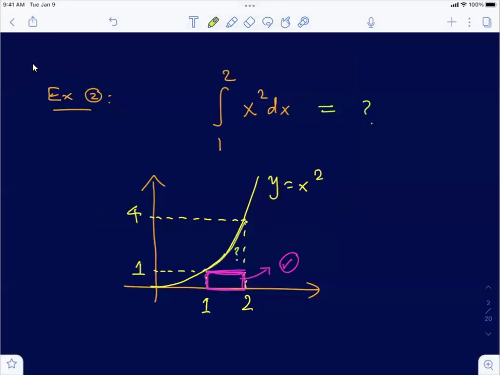Can you see there's a curvature along the graph? So if you try to compute the area of that region, which is almost like a curved triangular kind of shape under the parabola, it is not going to be a precise computation because of the curvature of the function.